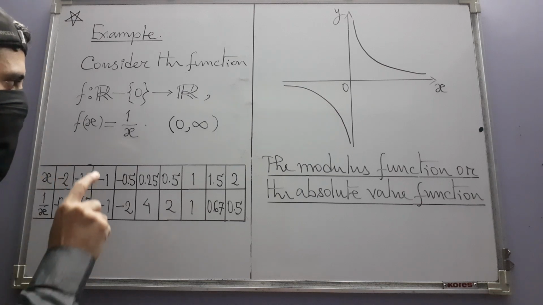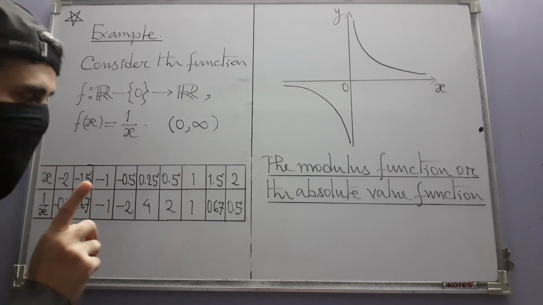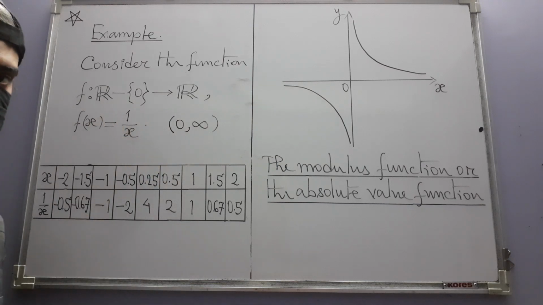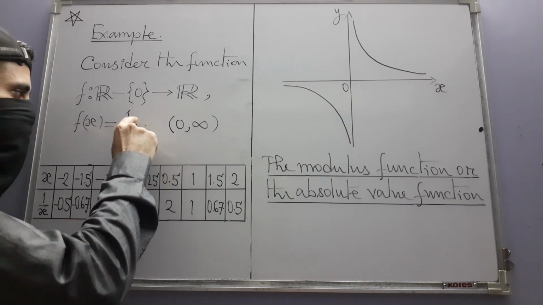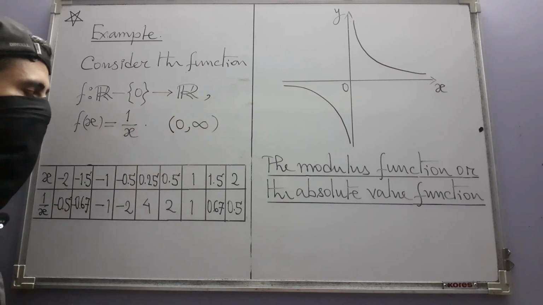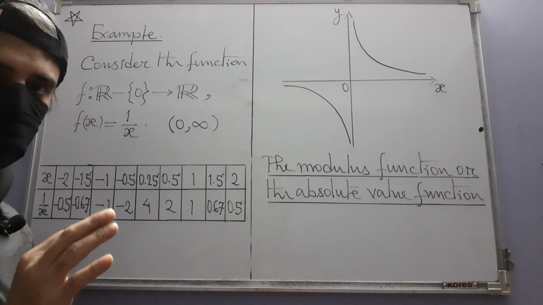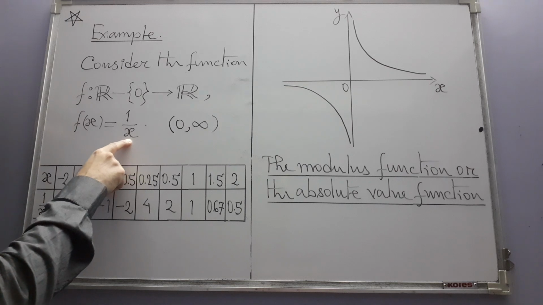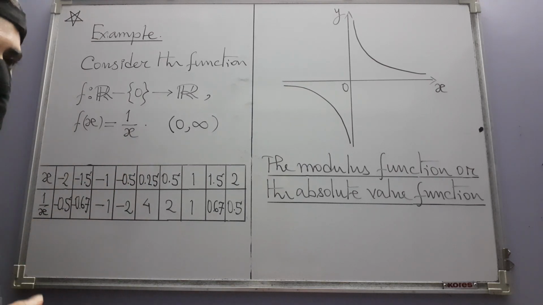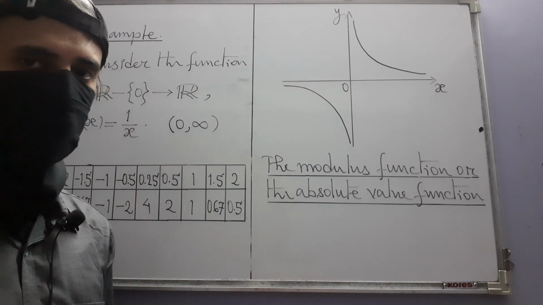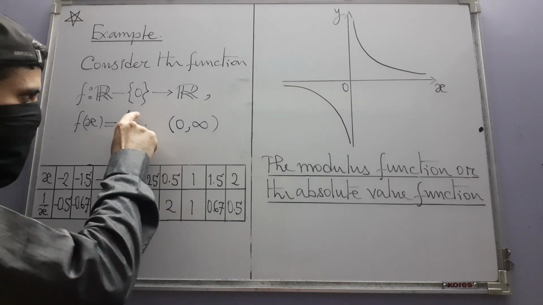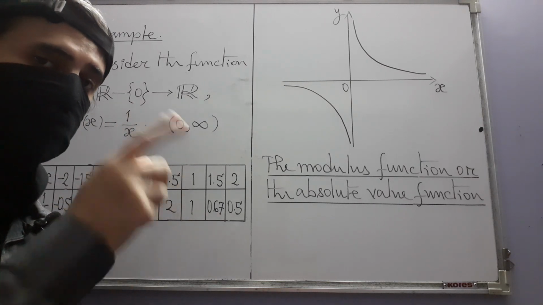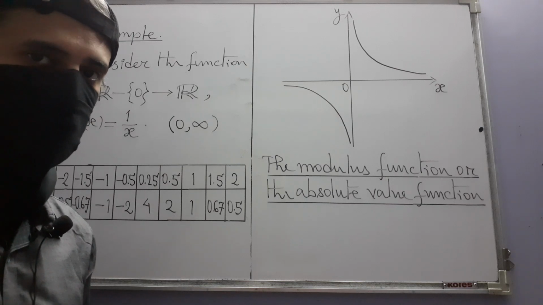First of all, as we already noted earlier, this is a rational function because it's the quotient of these two polynomials 1 and x. The numerator polynomial 1 is in fact the constant function 1 and the denominator polynomial x is the identity function of R. And both of these, 1 and x, have their domain equal to R, the set of real numbers.